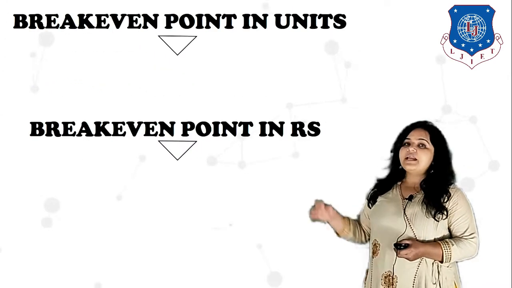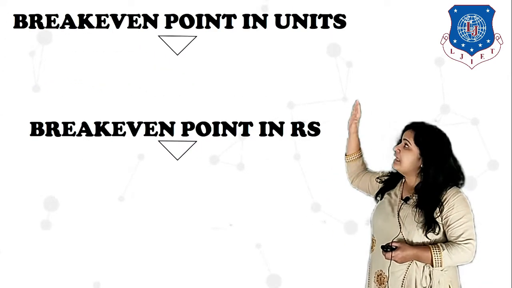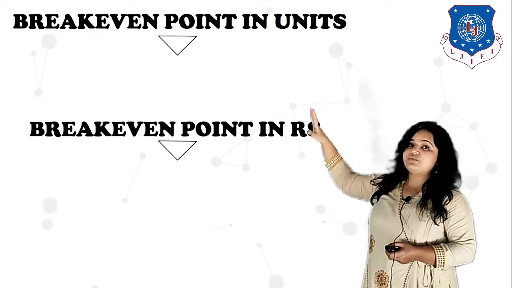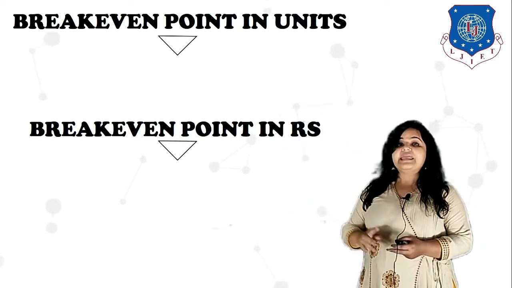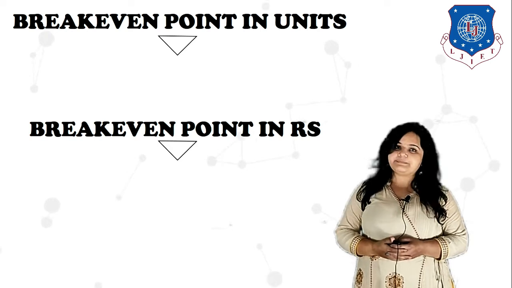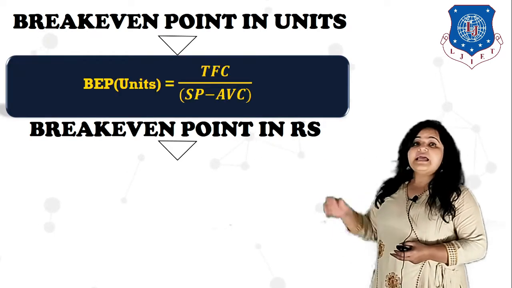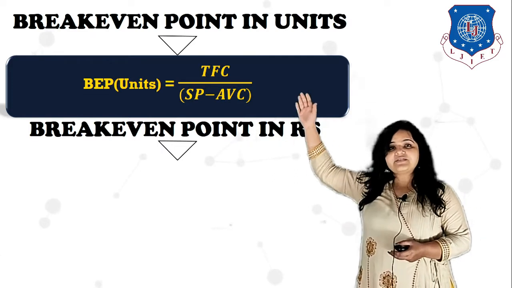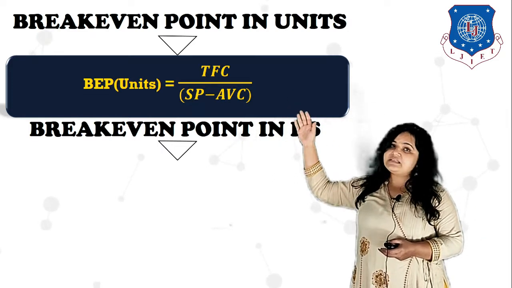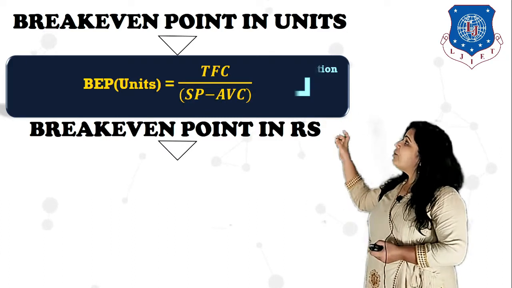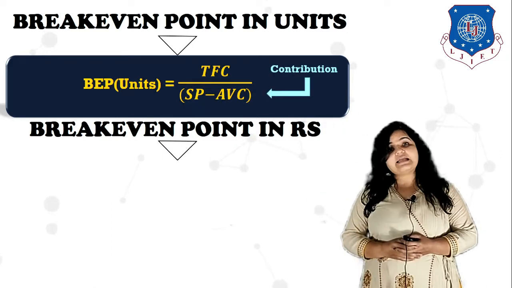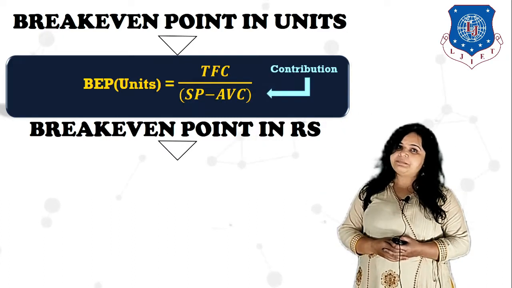We found that the break-even point can be displayed in terms of units and it can also be calculated in terms of rupees. In terms of units, the break-even point can be given by the formula TFC upon SP minus AVC, where the denominator SP minus AVC came to be known as contribution.